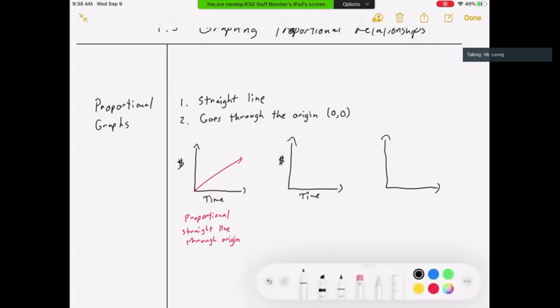Let's say we had a graph that looked like this. The question is, does this represent a proportional relationship? Let's go through the rules again. Number one, is it a straight line? Yes, we're good to go. Number two, does it go through the origin? No. So the answer is no, not proportional, it doesn't go through the origin.